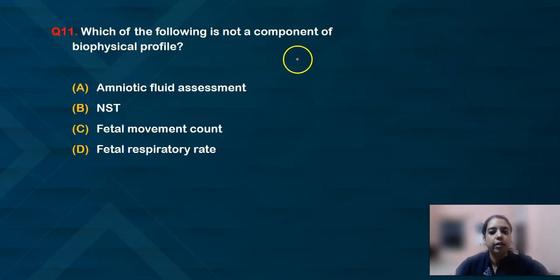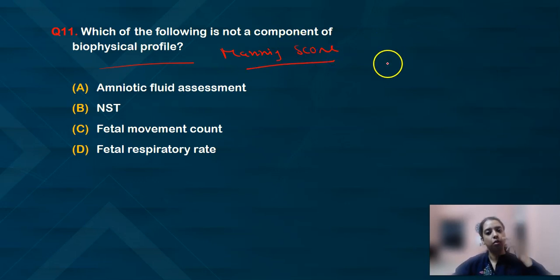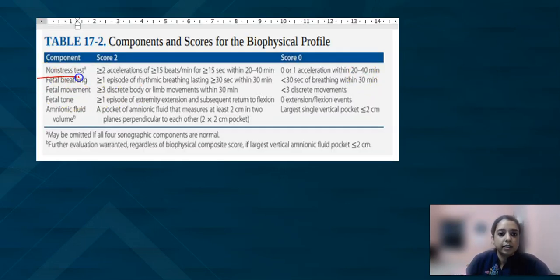Next, which of the following is not a component of the biophysical profile? So the biophysical profile is also called Manning's score, based on the scientist who gave it. Manning saw that there are 5 fetal variables which can tell you the fetal health. Those 5 variables were the non-stress test, meaning the fetal cardiac activity, fetal breathing movement, fetal movement, fetal tone, and the amniotic fluid volume. It is not fetal breathing rate, it is fetal breathing movement.